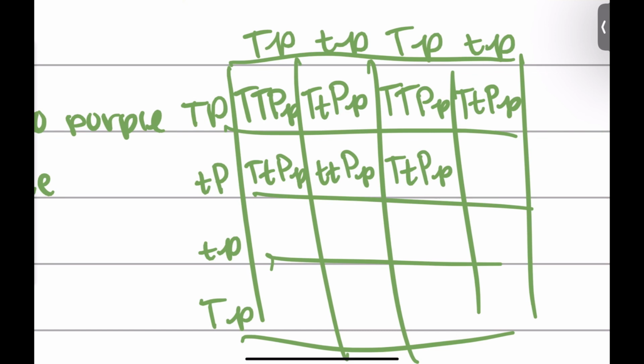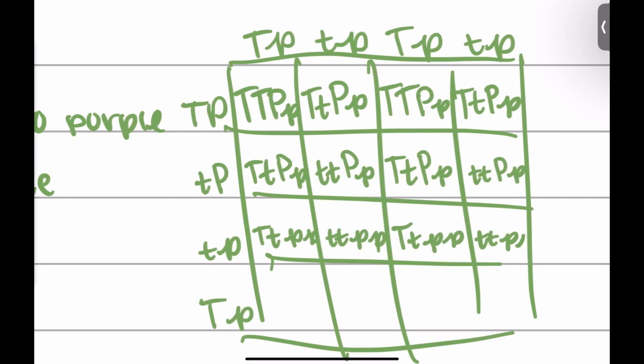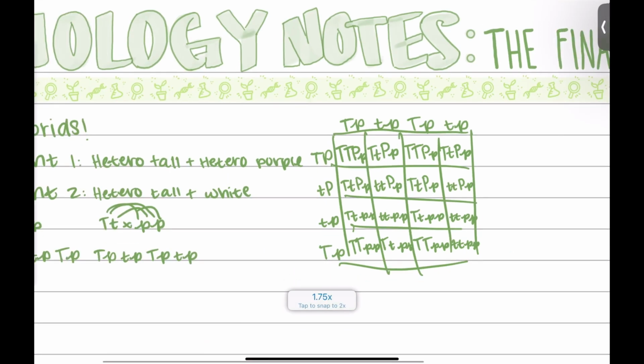Because these are two traits, in order to read them, you have to put the two traits together. So I keep filling it out accordingly, putting the same letters together, and as I think you can tell by now, there's a bunch of genetic diversity here, because there are so many different possible traits, because we're doing two.